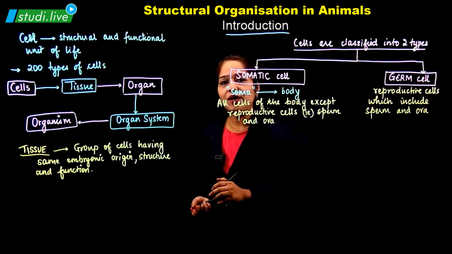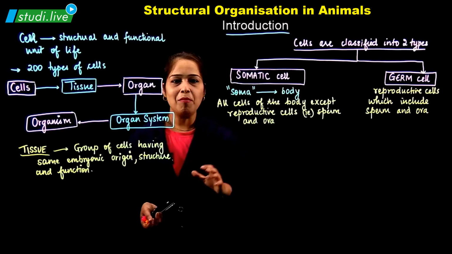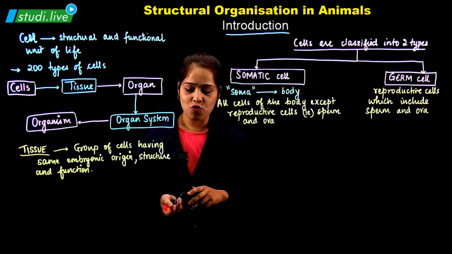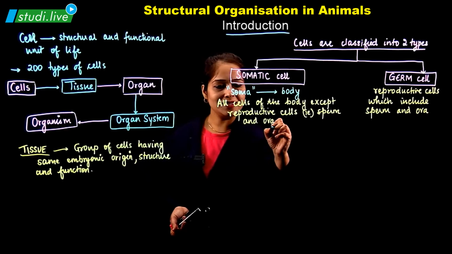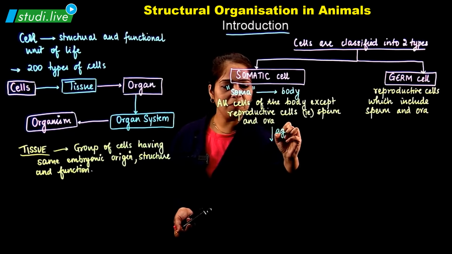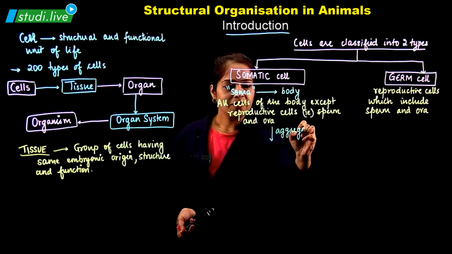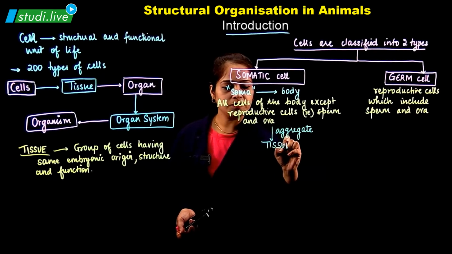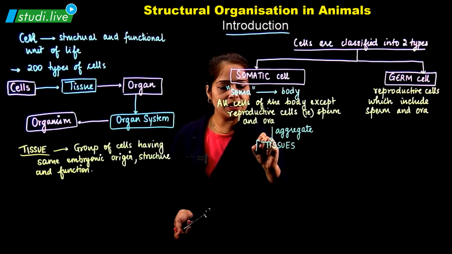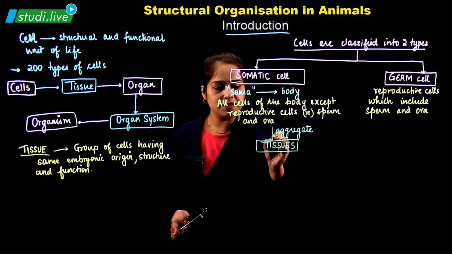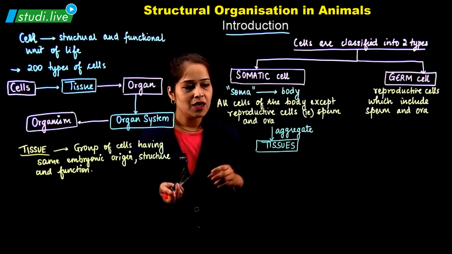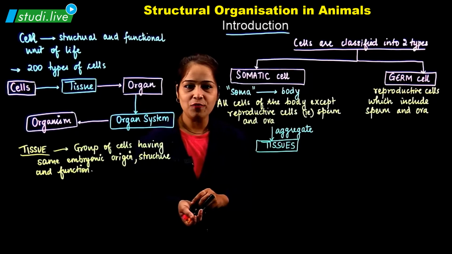Here we are going to study the somatic cells which form different tissues. These somatic cells aggregate to form tissues, and those tissues are classified into 4 different types.